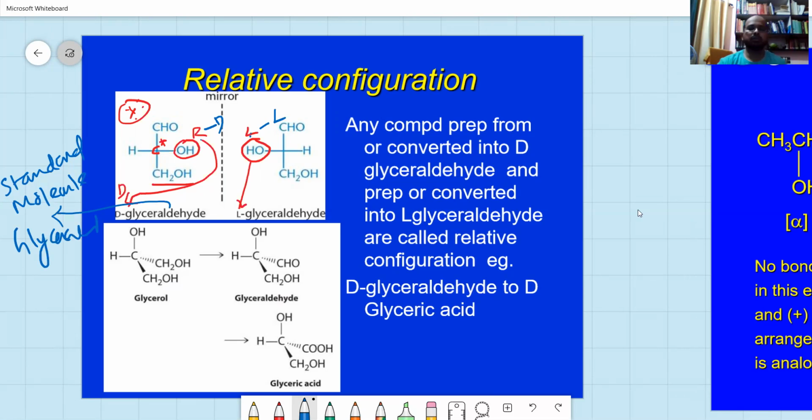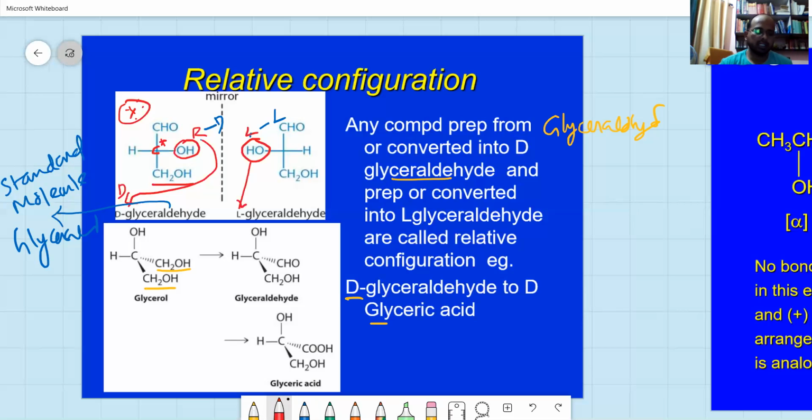The compounds prepared from or converted into D-glyceraldehyde, and those prepared from or converted into L-glyceraldehyde, are called relative configuration, that is D and L. So here is one relative example. Glycerol is there. In the glycerol, you have got 2 CH2OH there, right?